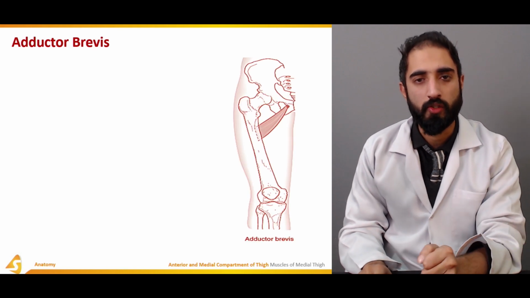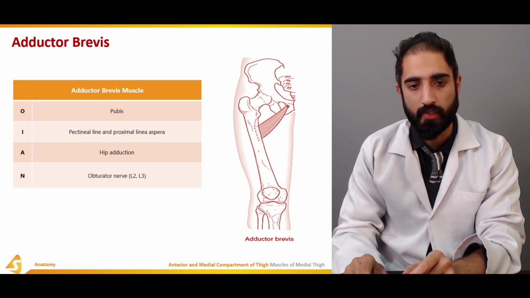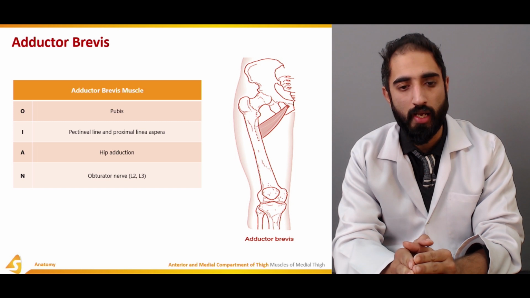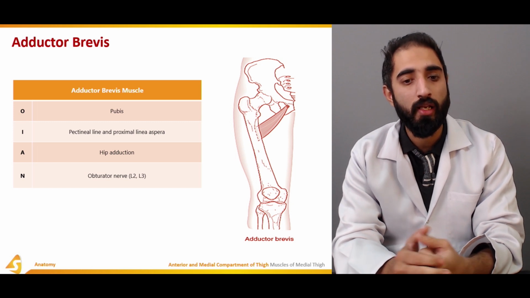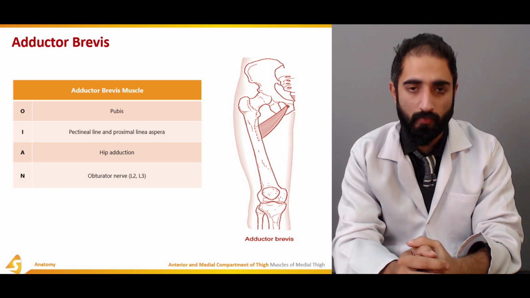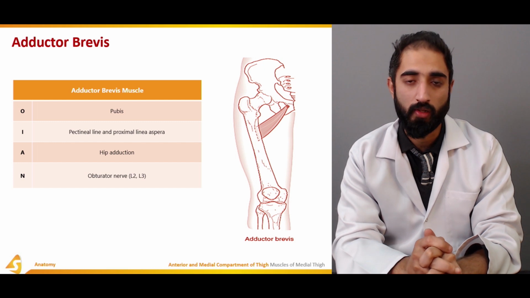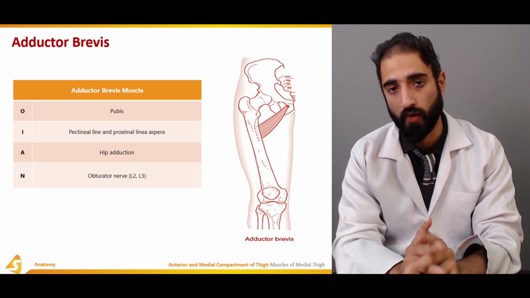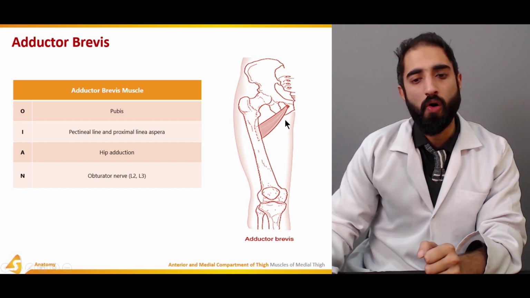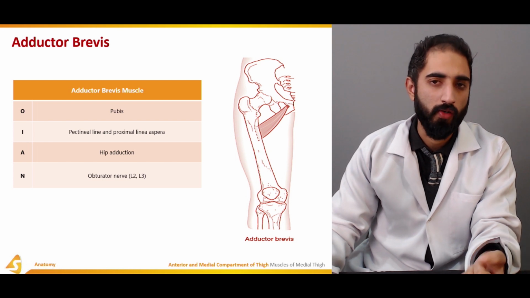Moving on, talking about the adductor brevis, it is perhaps the smallest of the adductor muscles, and the origin is once again from the pubis, and the insertion is again on the pectineal line and the proximal linea aspera. So it attaches pretty much close to the pectineus muscle, which is also one of the adductors of the hip joint, and it also moves slightly posteriorly, just like the adductor longus and obturator externus.